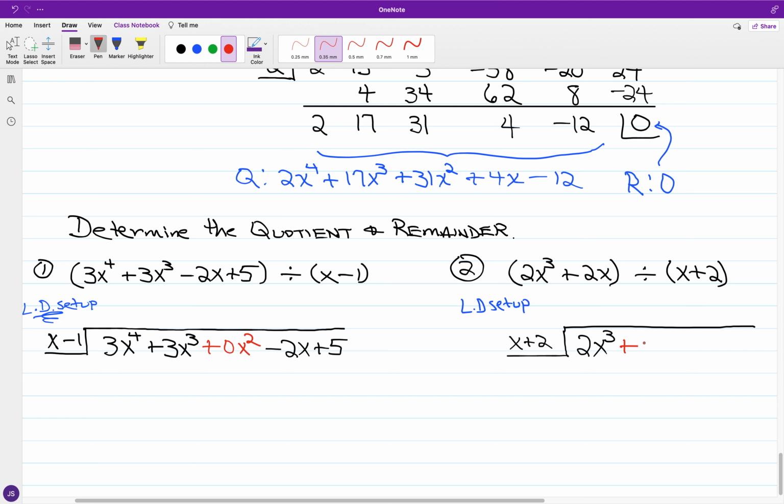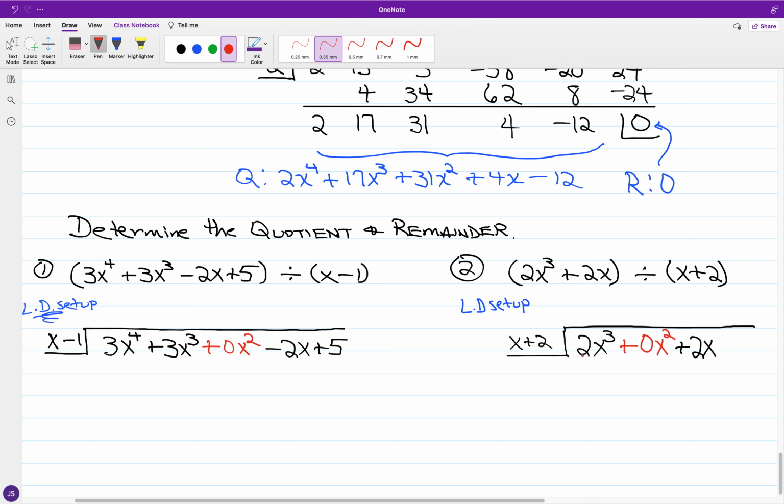and we have a missing x squared term, so we have plus 0x squared, and then we have plus 2x. Now again, not too many problems are presented among textbooks, but for long division, synthetic division, one might wonder, if the last term in the dividend is a variable expression, do I need to continue adding?